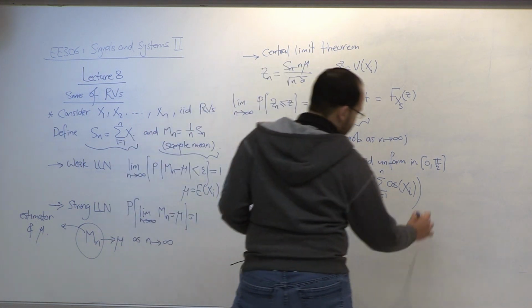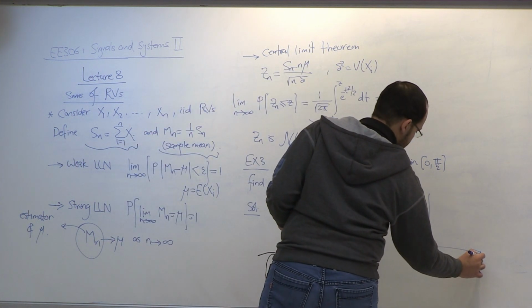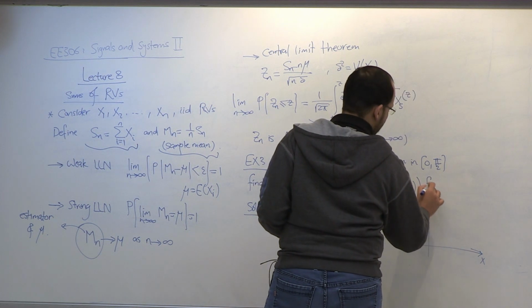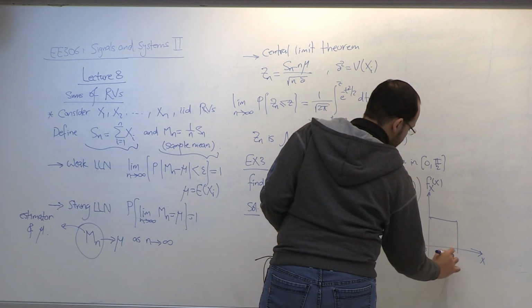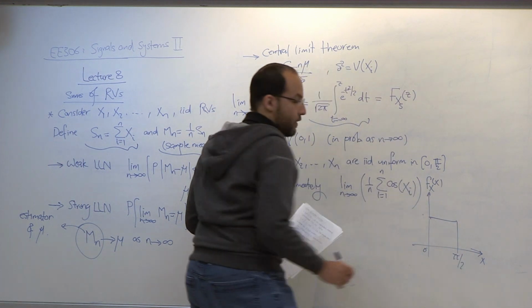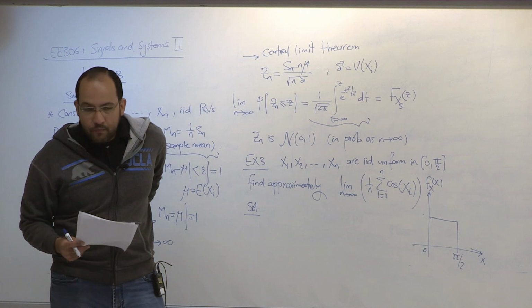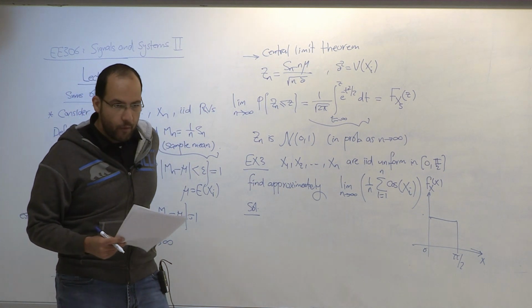Let's do the distribution first. If we assume that they are all copies of a random variable called X, what is this distribution? What should we put here? 2 over pi, right?